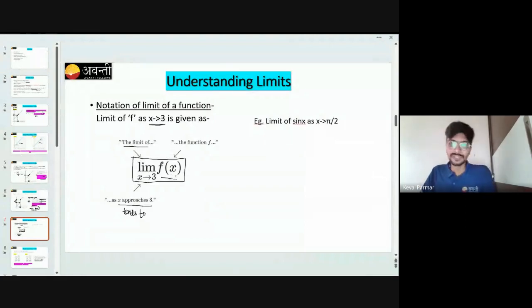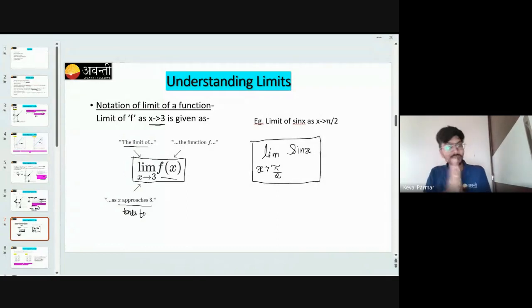So if someone asks me the limit of sine x as x tends to pi by 2, how will I write that? I will write the limit of sine x as x tends to, or approaches, pi by 2. This is my algebraic notation for that.